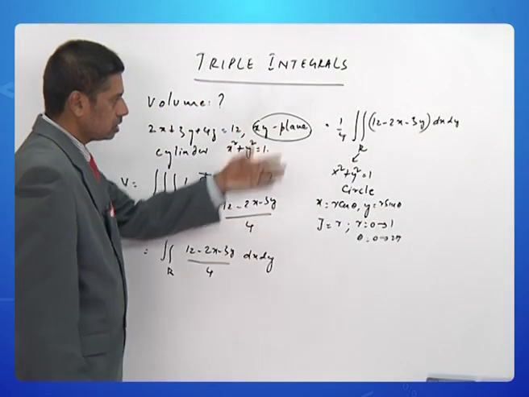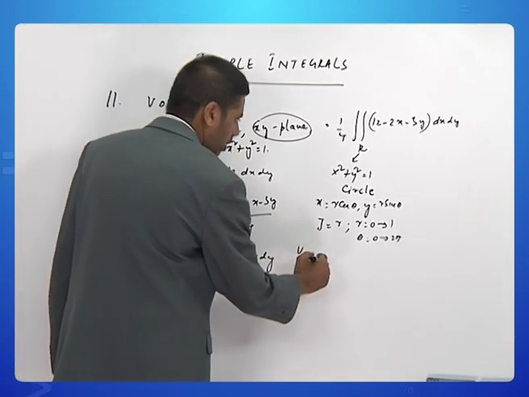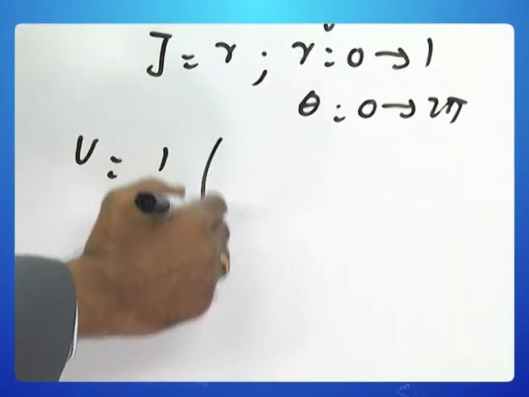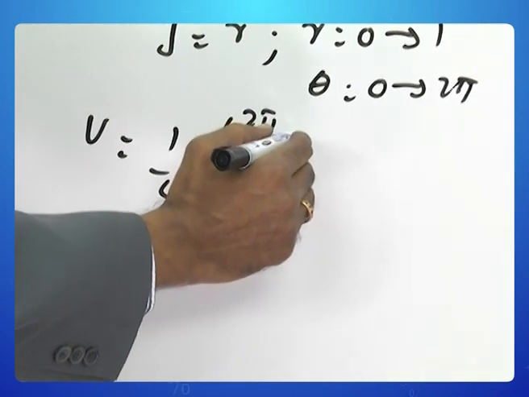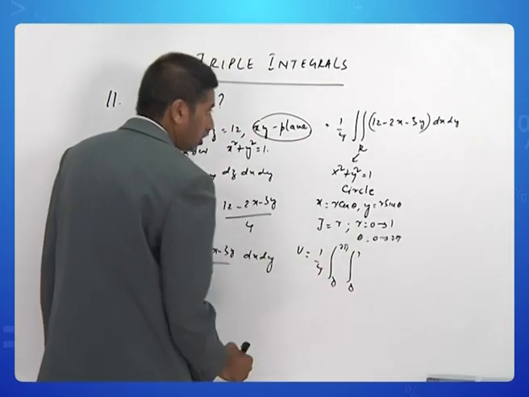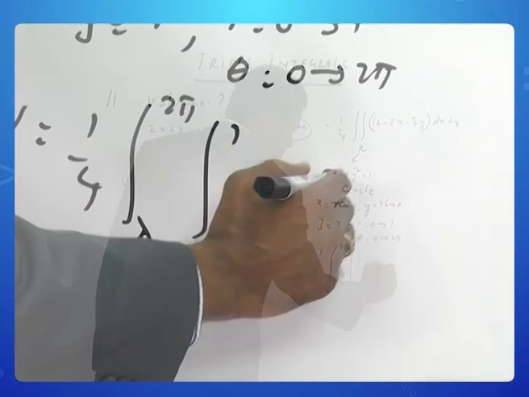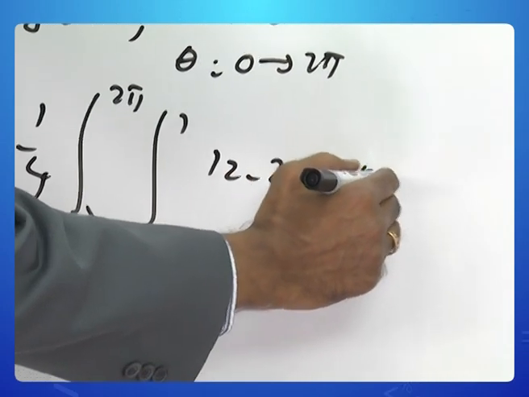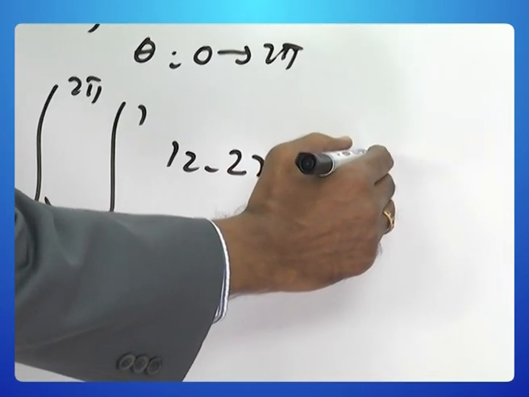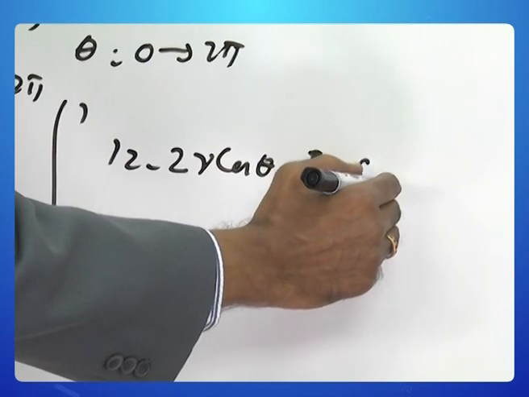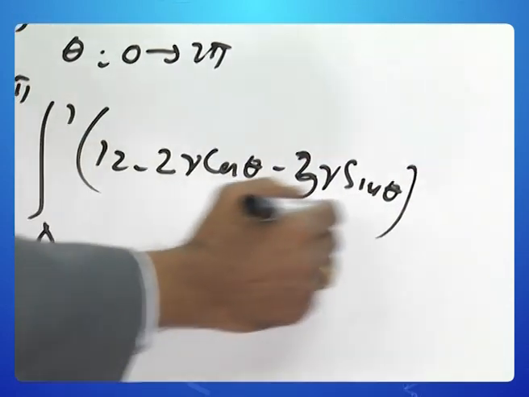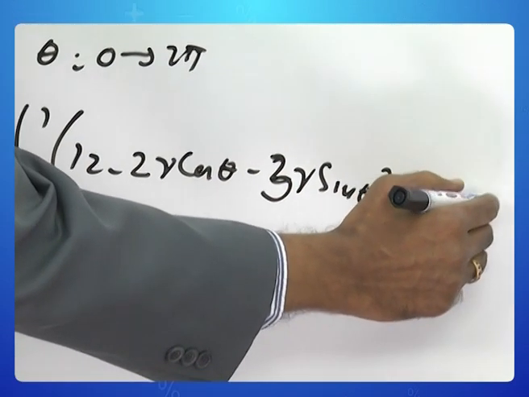Once it is done, it's very straightforward. 1 by 4, 0 to 2 pi, 0 to 1, 12 minus 2 r cos theta minus 3 r sin theta, r dr d theta.